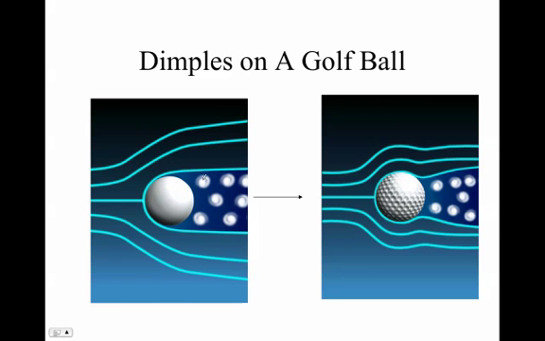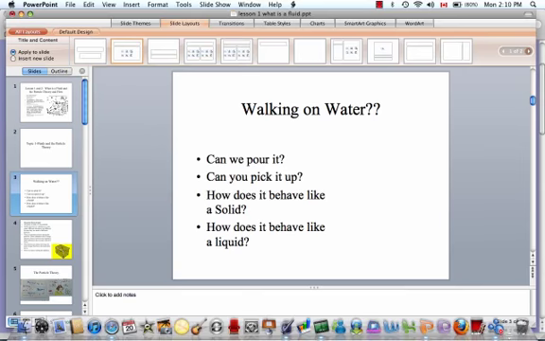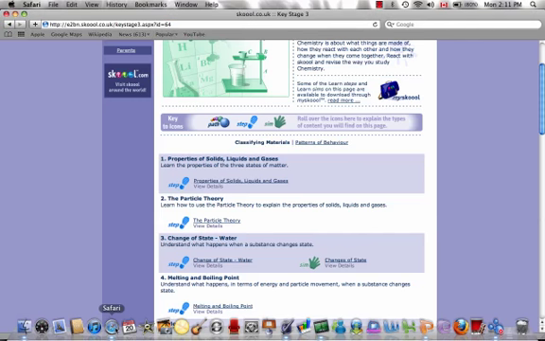And so one of the things they realized with the dimples on a golf ball was there was less turbulent flow when dimples were put on a golf ball. So when air goes around the golf ball, there's less opportunity for turbulent flow, thus making the golf ball travel farther. Let's look at this clip on solids, liquids, and gases before we end this session.